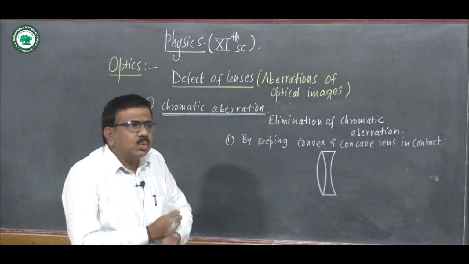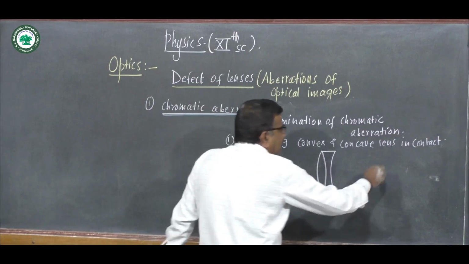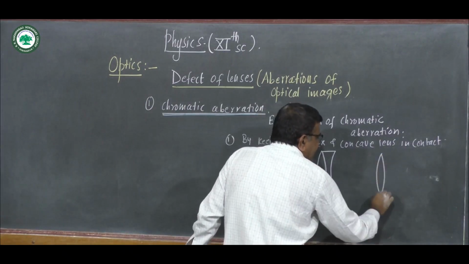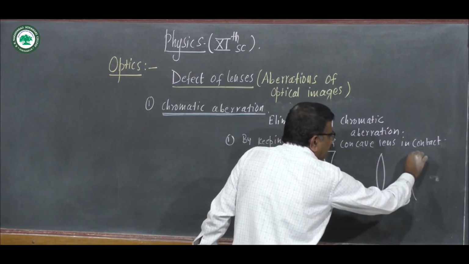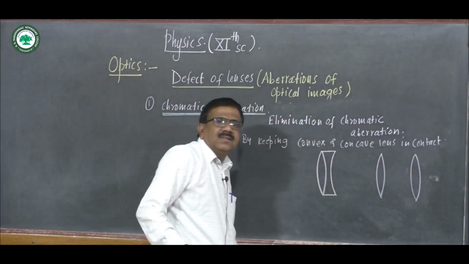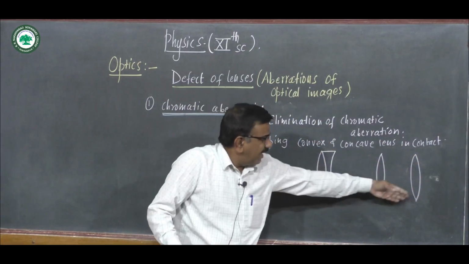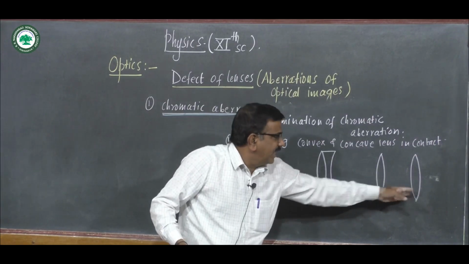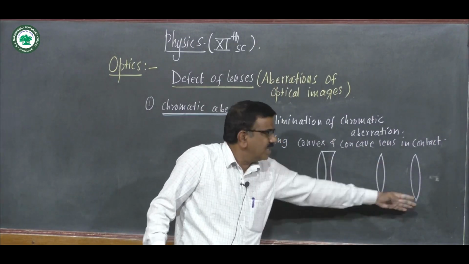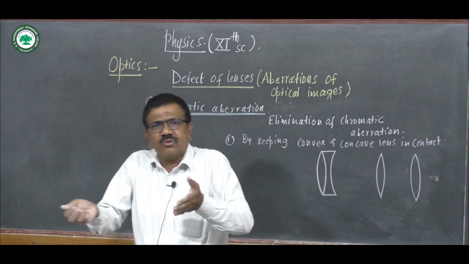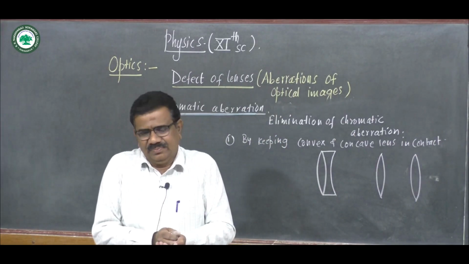Or by using 2 thin convex lenses separated by some distance. There is a separation between the 2 lenses, and this separation is the average of the focal lengths of these 2 lenses.